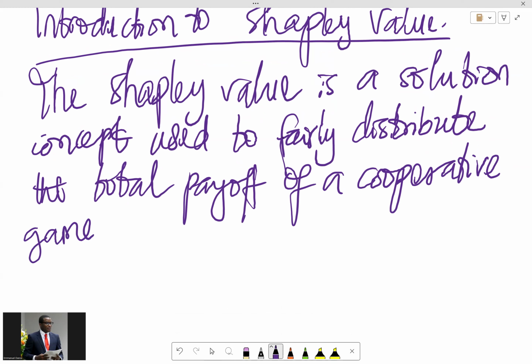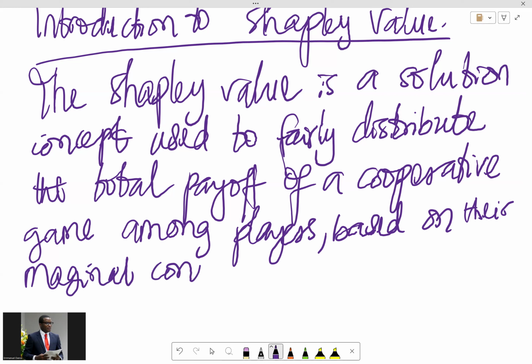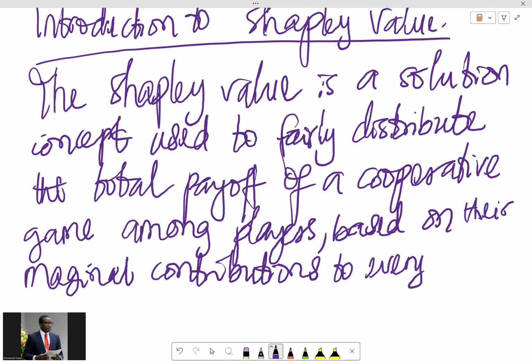Fairly distribute the total payoff of a cooperative game among players based on their marginal contributions to every possible coalition.